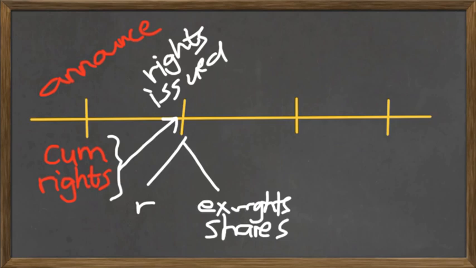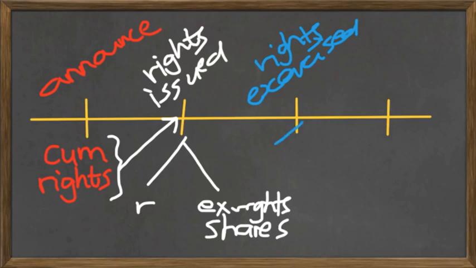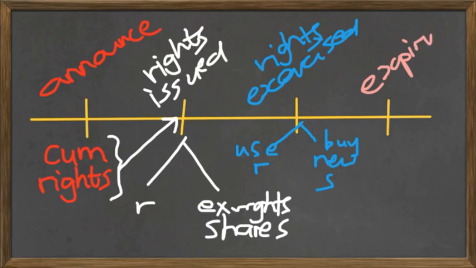Then, on the date that the rights are exercised by the shareholder, the following happens. First of all, you use your rights that you have available to go and buy new shares. So two things happen on that date. If the entity did not exercise these rights and you reach expiry date, you have to recognize a loss on derecognition of the rights.